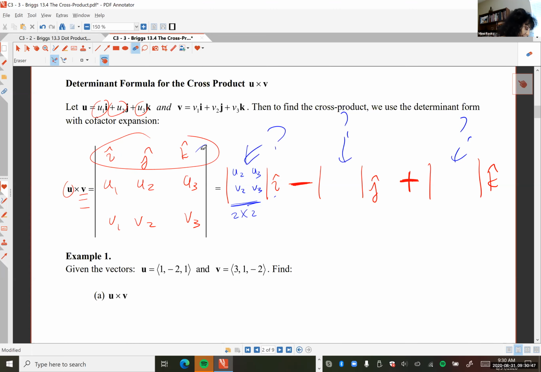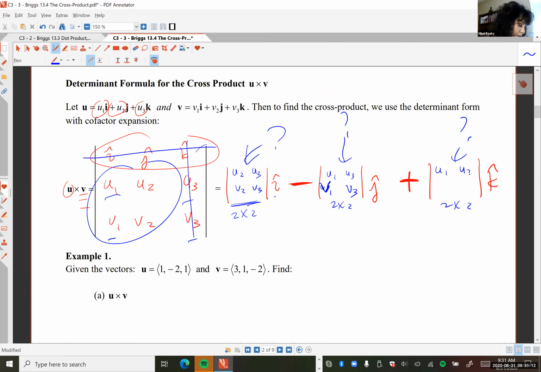What about the 2x2 determinant multiplied by j hat? Block out the row and column that j hat lives in and copy down the numbers that are still left standing. Similarly, for the k hat guy, block out the row and column that k hat lives in, and look at what's left: u1, u2, v1, v2, okay?